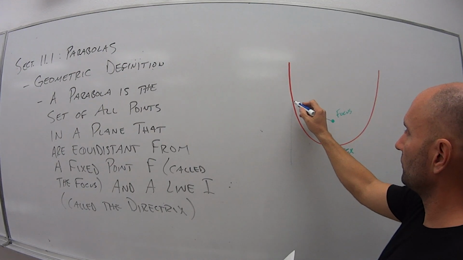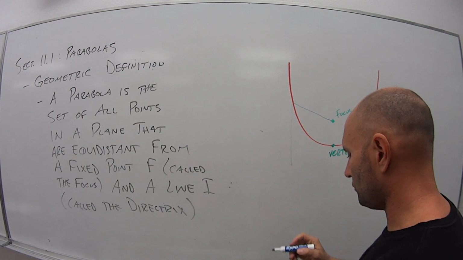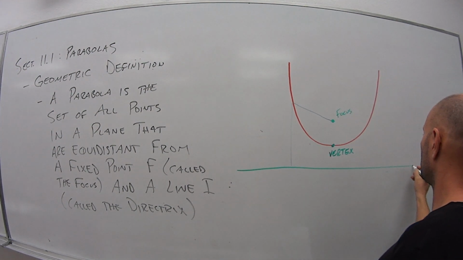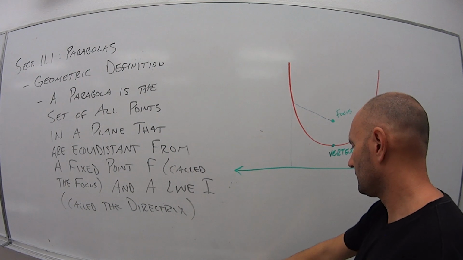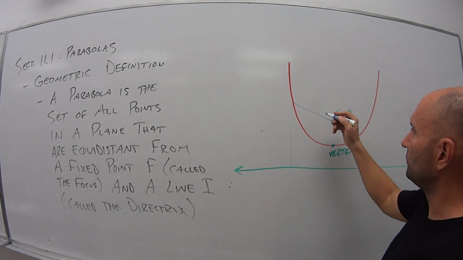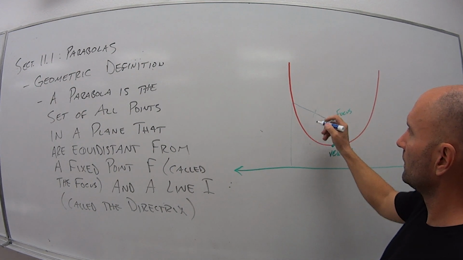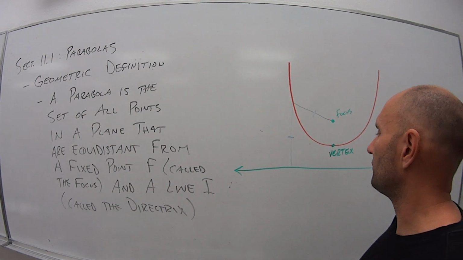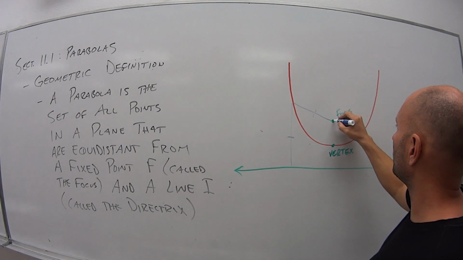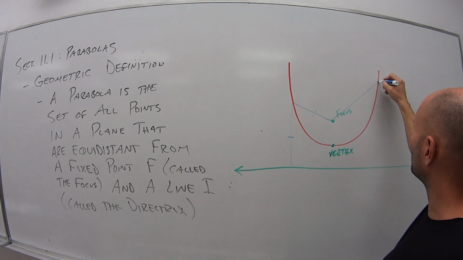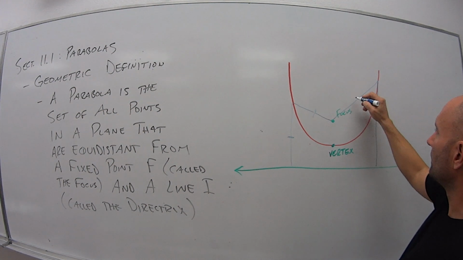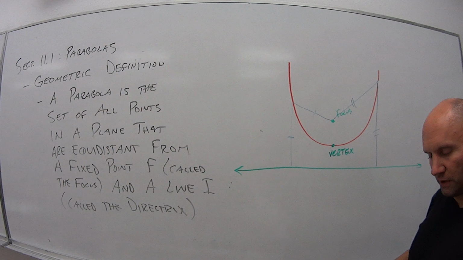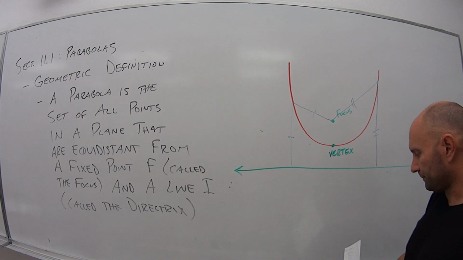If I go from the focus to the parabola and from the parabola down to this line, the directrix, then the lengths of these blue segments are the same. That's what the geometric definition is. No matter which way I go, if I go off to the right, hit the parabola and come straight down, these two lines are of equal length. That's the geometric definition of the parabola.